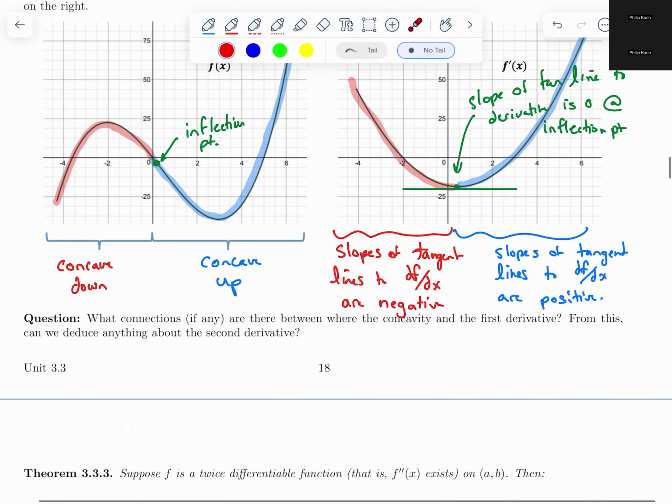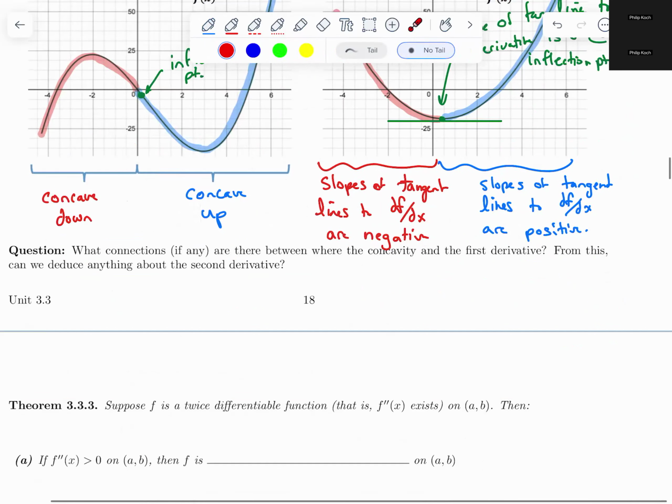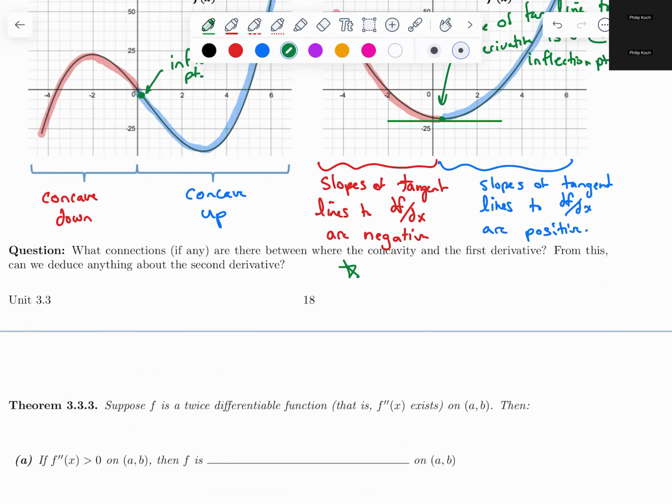So that's what I'm going to write down here. Slopes of tangent lines of df dx come from its derivative, aka f double prime.